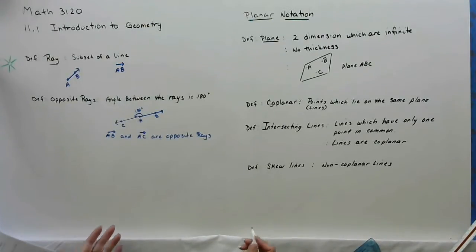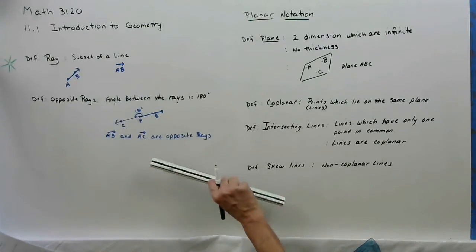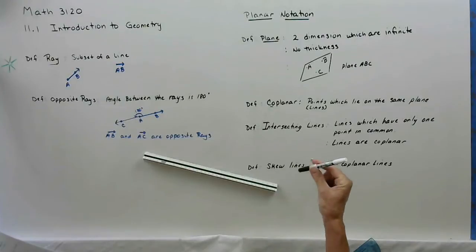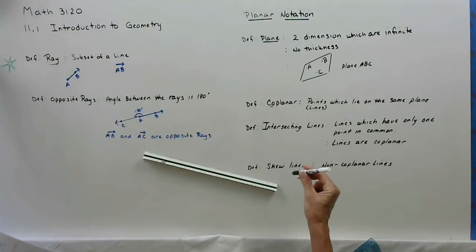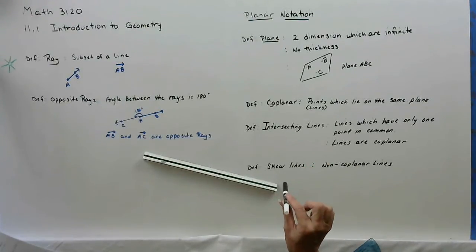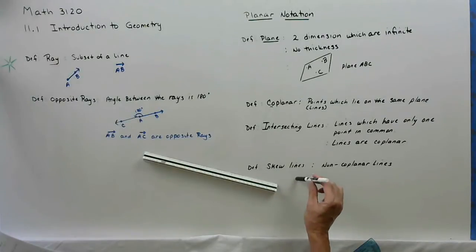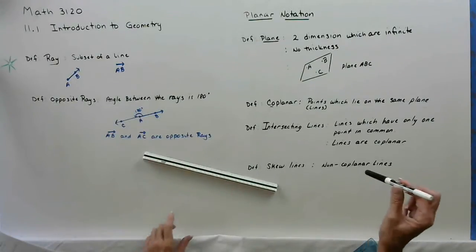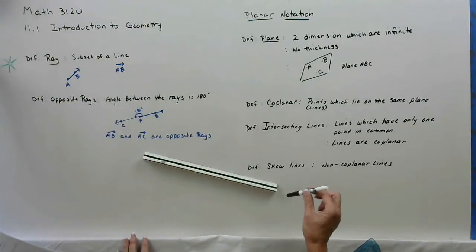Non-coplanar lines, meaning, let's say this ruler is laying on this plane, but I have my pen coming at a different angle. It's hard to tell on the video, but let's just say this pen is coming down, whereas this ruler is laying across. These are on two separate planes.